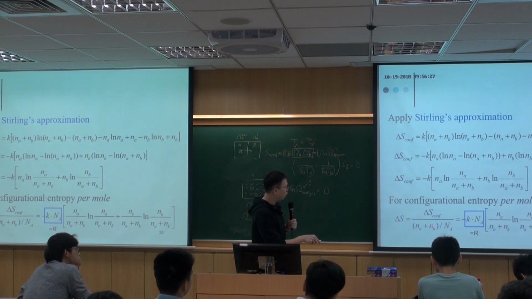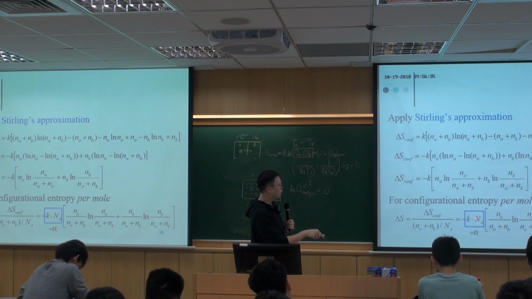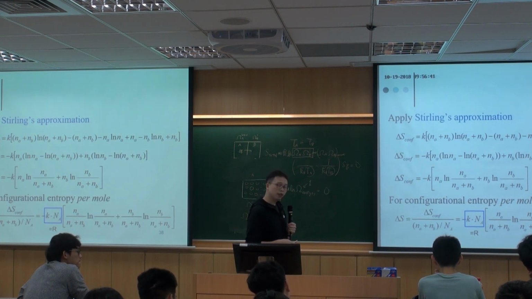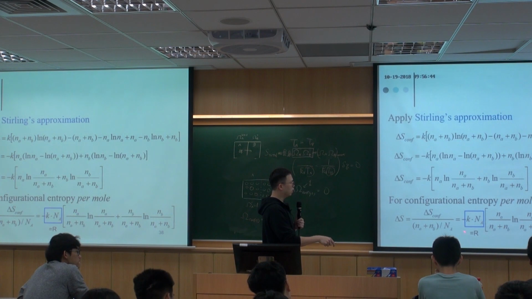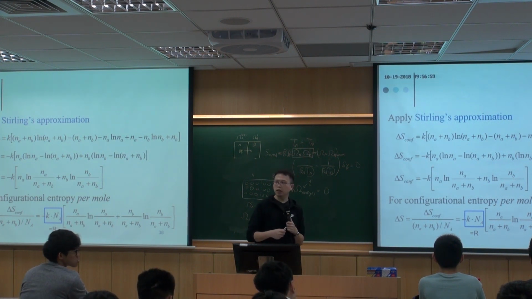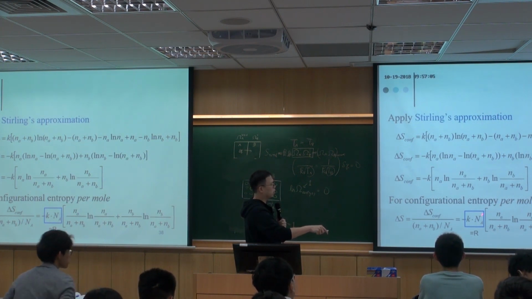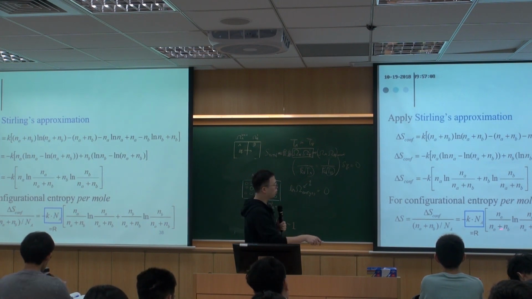So it turns out that if you divide delta S configuration by this term, then you have an Na here. And we know that Na times the Boltzmann constant is the ideal gas constant R, right? So this is very straightforward. And you also have the extra term here, na plus nb. You can move it into here. So you'll see that the expression in front of log is the same as the expression inside. So we can further simplify this, because I've already mentioned that this is the molar fraction of the particle, for instance, particle A and particle B.